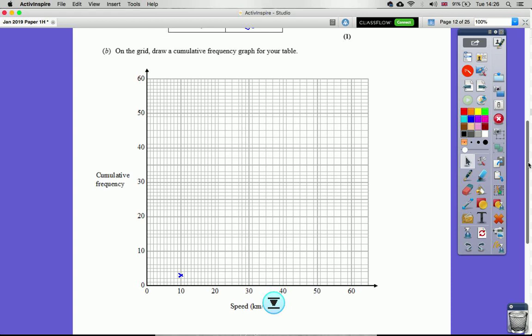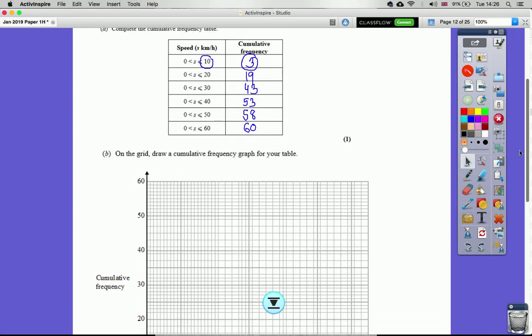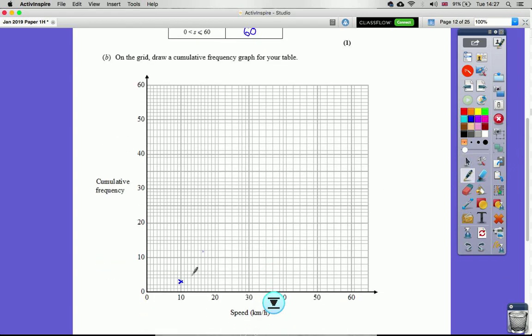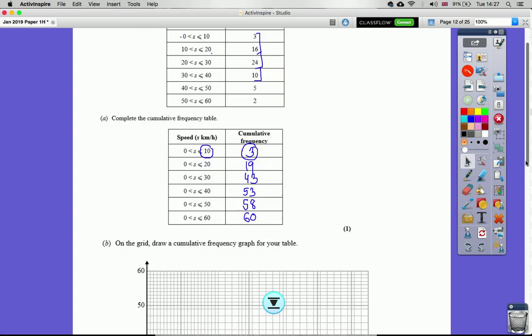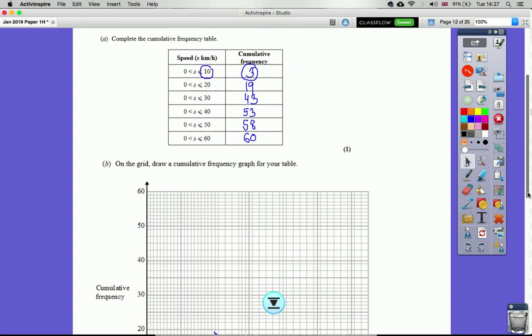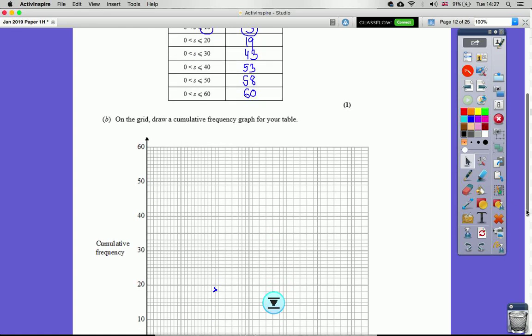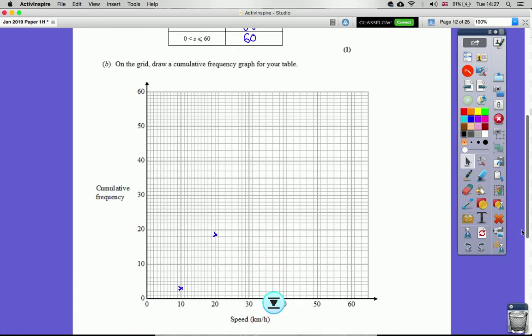My second coordinate is 20 and 19. My third one is 30 and 43.